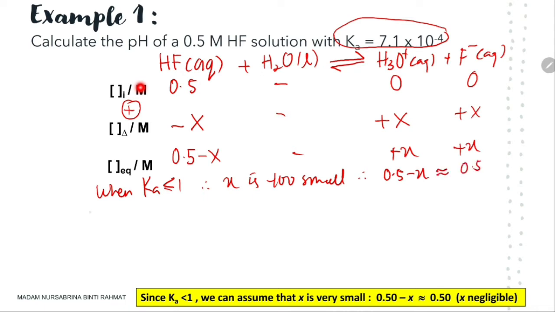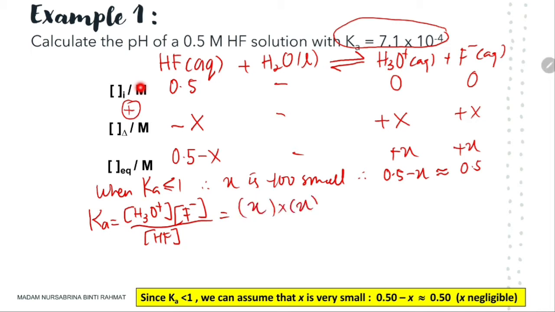So write down your Ka expression. Your Ka expression is H3O+ times F- over HF. Then we substitute the equilibrium concentrations in terms of X. So X times another X becomes X squared over 0.5, because initially it's 0.5 minus X, but we assume 0.5 minus X is equivalent to 0.5 because X is too small.